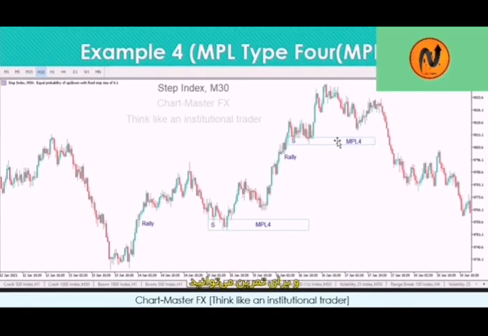For your practice, you can go to any commodity of your choice at any time frame. You can spot the type 1, type 2, type 3, and type 4. And I encourage you that in order for these things to sink into your subconscious mind, you need to have at least 5 flashcards for each of these types.